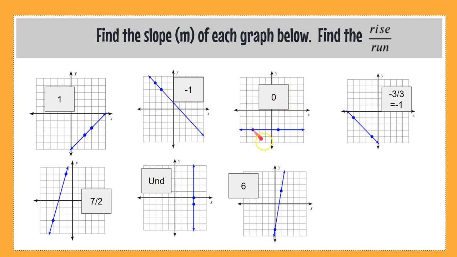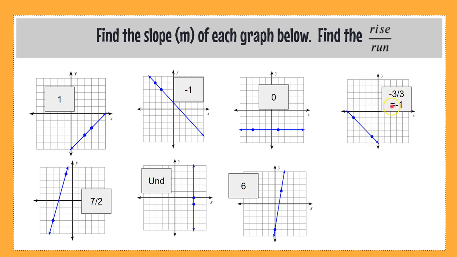Here, look guys, I didn't even have to find the rise over the run here because this is a 0 slope. So the slope is 0. That's the answer. Here, I can count. Look, it's going to be negative. I know before I even start that my answer is going to be negative because the line's negative. So that's important to check. So I'm going to start at this point, and I'm going to go 1, 2, 3 down, so that's negative 3, and right 1, 2, 3.